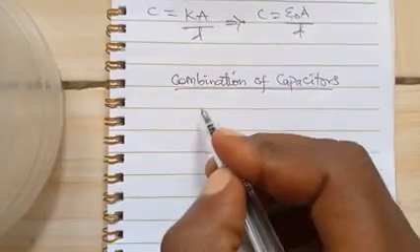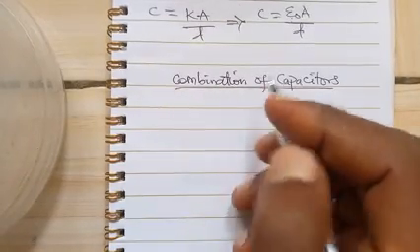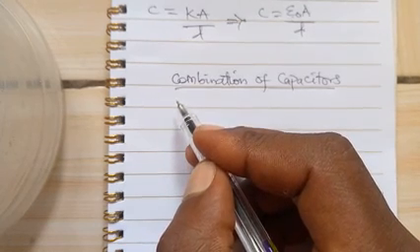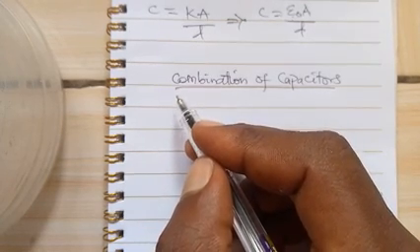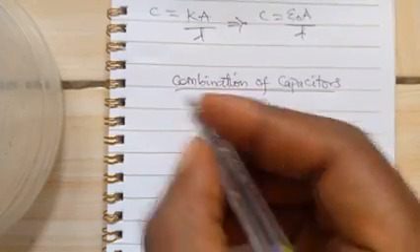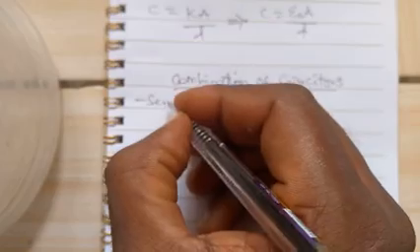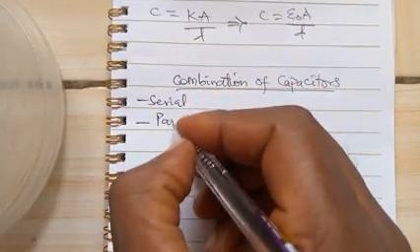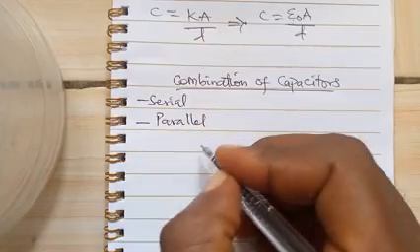So we have either what we call connection or combination of capacitors. Now capacitors are combined so that we can obtain a desired effective capacitance. Two major ways that we can combine them are in series, that's serial connection, then the next one is parallel connection.